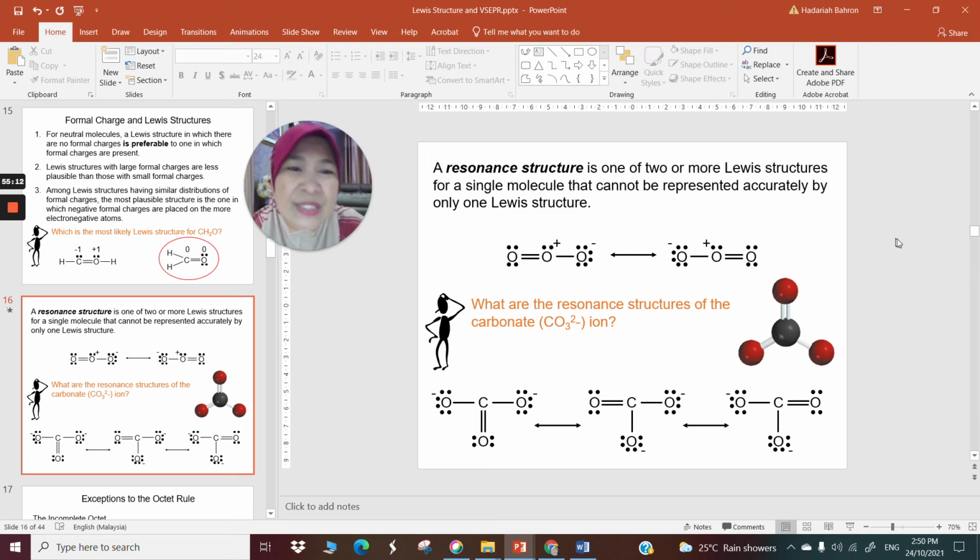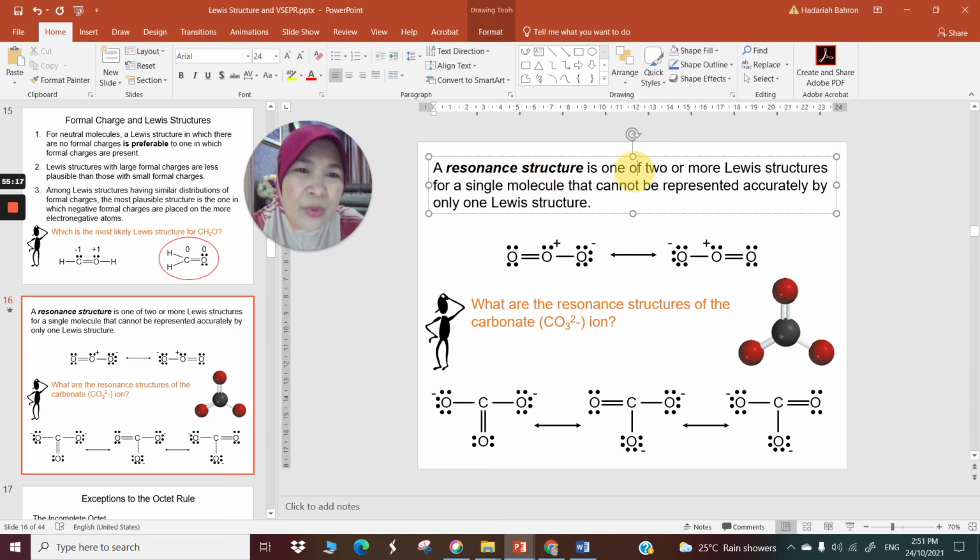Going on next to resonance structure. A resonance structure is one of two or more Lewis structures for a single molecule that cannot be represented accurately by only one Lewis structure. Now, a classic example of this is ozone.